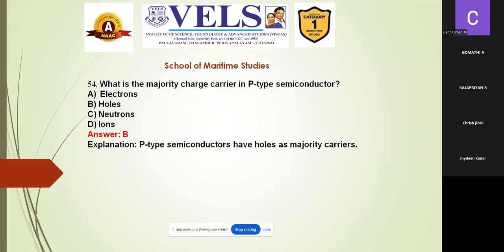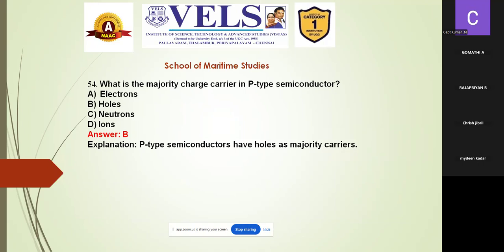Our next question is, what is the majority charge carrier in a P-type semiconductor? First of all, you want to know about the semiconductor. What is a semiconductor? Materials can be classified into three types based on the gap between the valence band and conduction band, which is called the band gap energy.